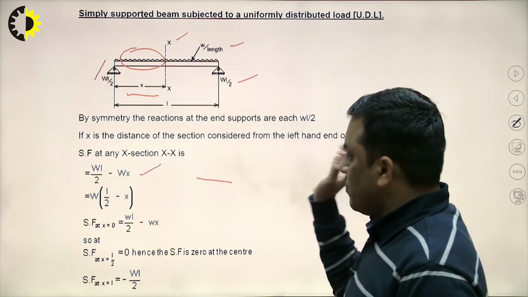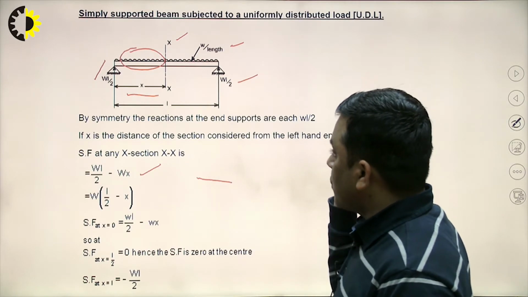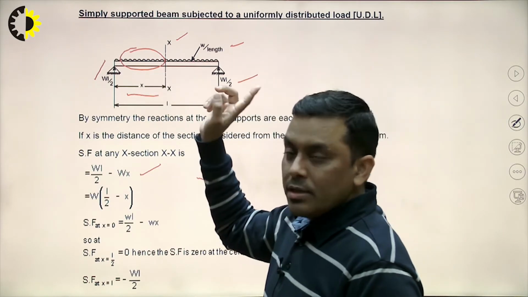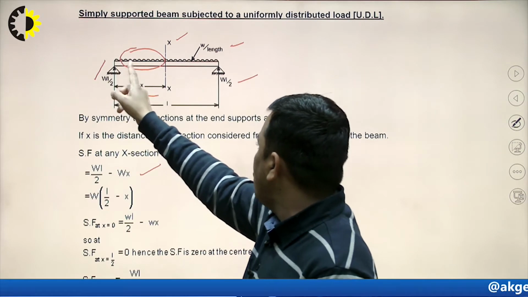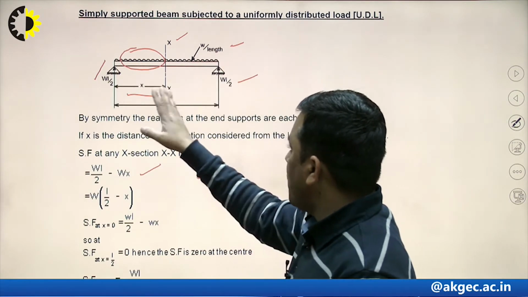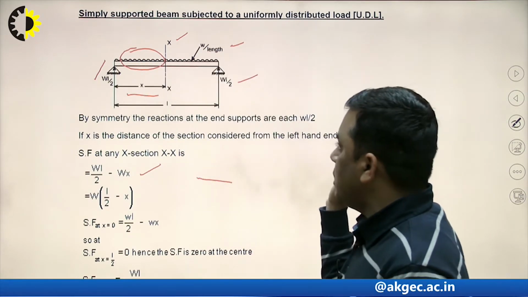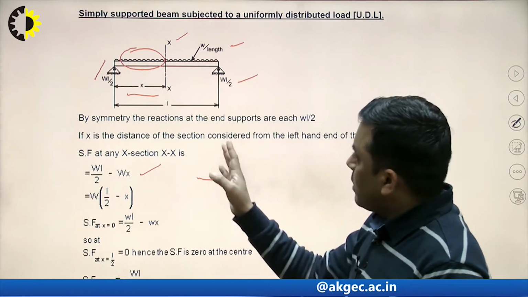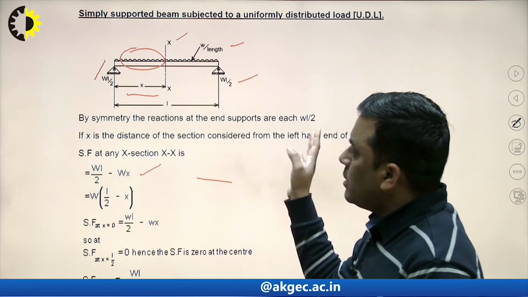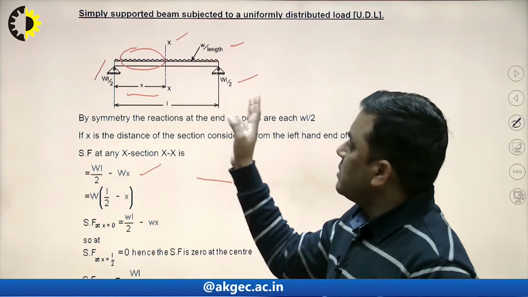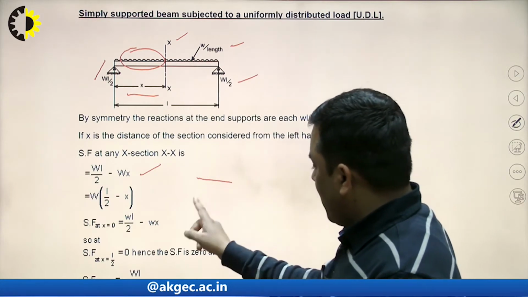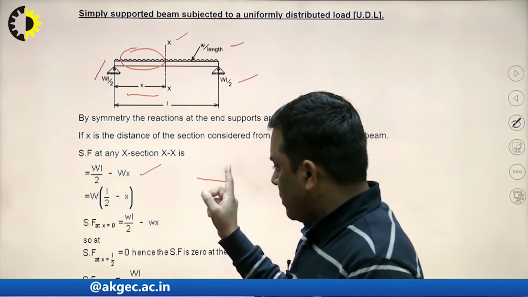This is the equation for shear force, and it is valid from this support to that support, because we are not observing any other change in between on the beam. The loading pattern is similar, so one equation is sufficient here. Now we can find the shear force at different points.